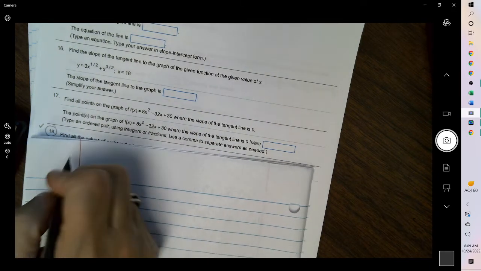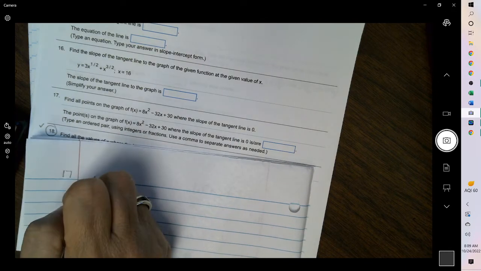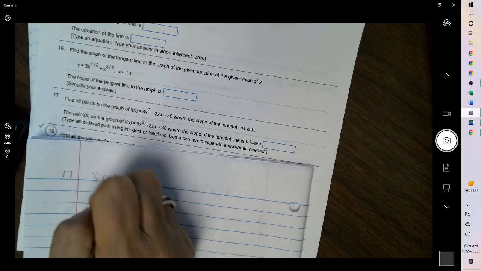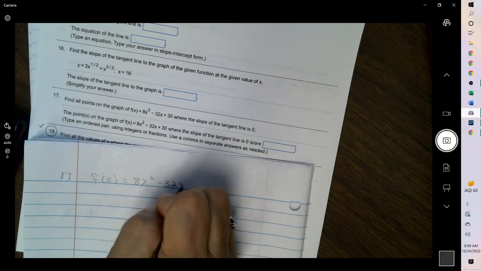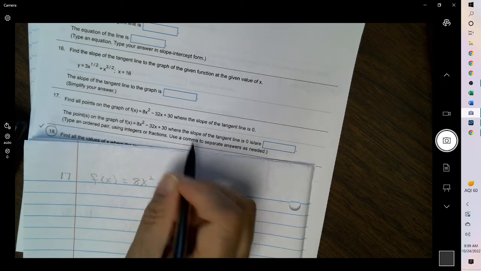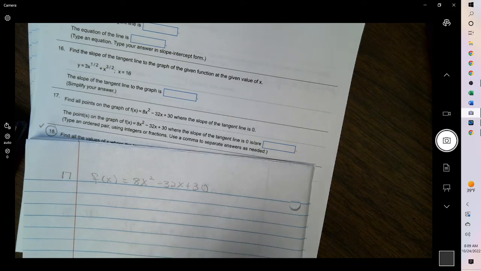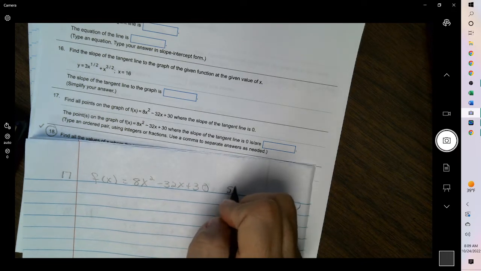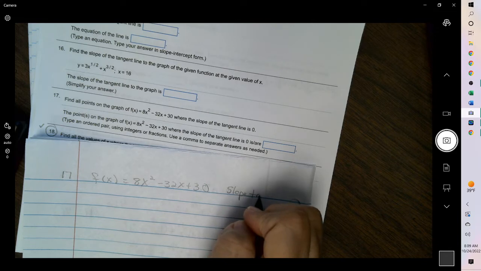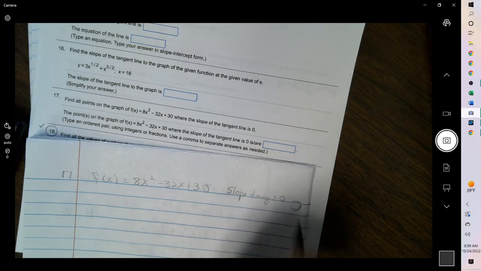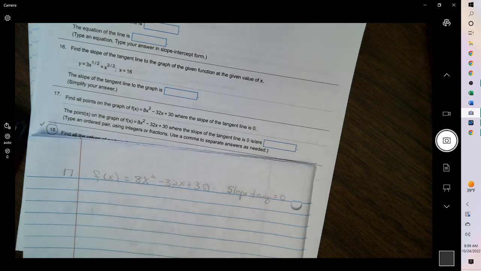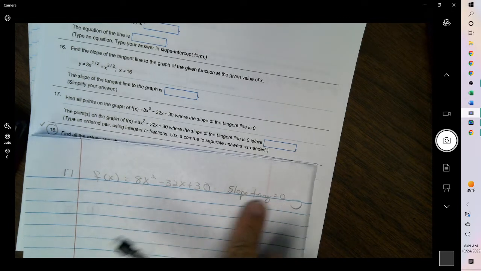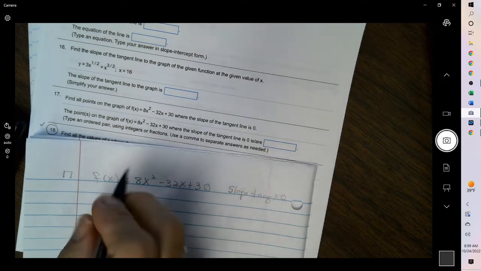Find all the points on the graph f of x equals 8x squared minus 32x plus 30, where the slope of the tangent line is 0. Well, we know the slope of the tangent line is the derivative, so we just take the derivative and set it equal to 0 because we want the slope to be 0.